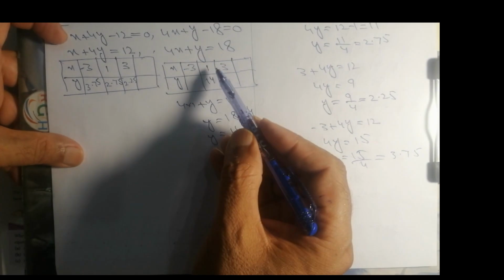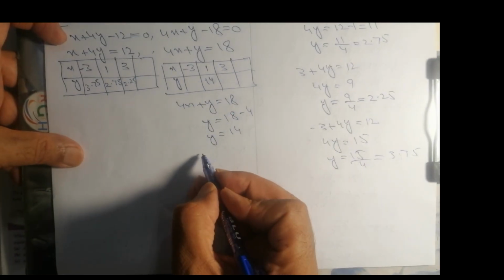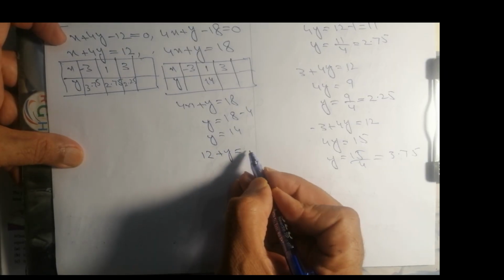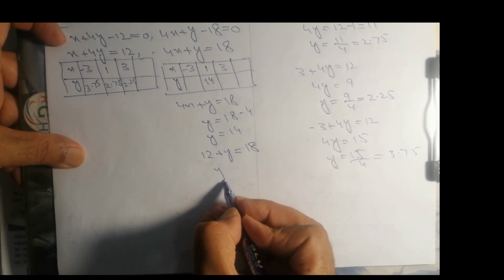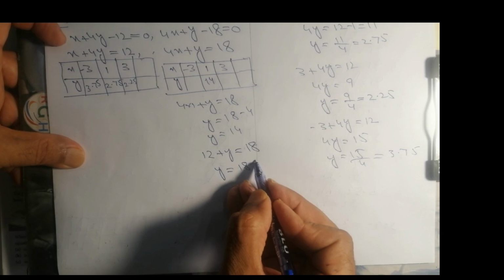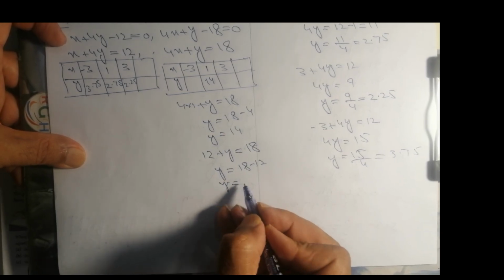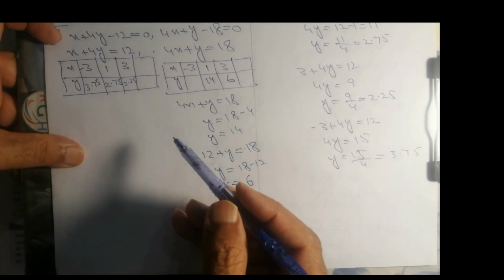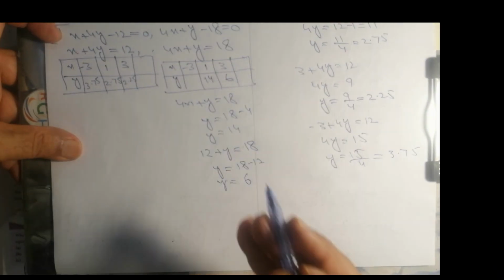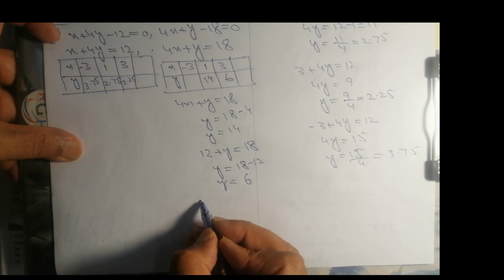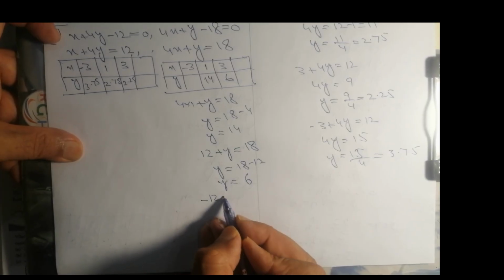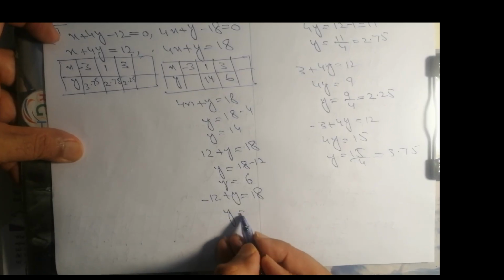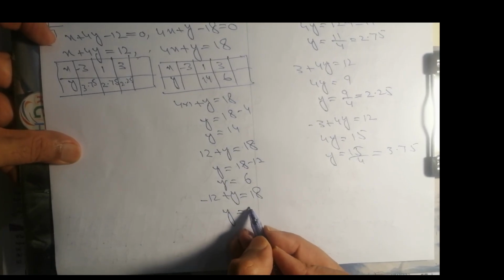Now put x equal to 3. So 4 threes are 12, plus y equal to 18, and y equal to 18 minus 12, and y equal to 6. This is a 6. And what if we put the value minus 3? This will be minus 12 plus y equal to 18, and y equal to 18 plus 12, which is 30.